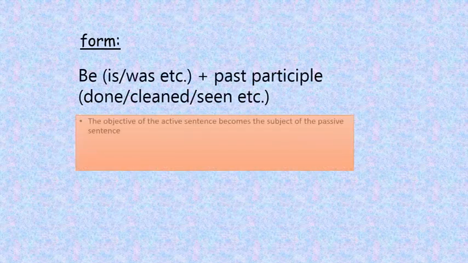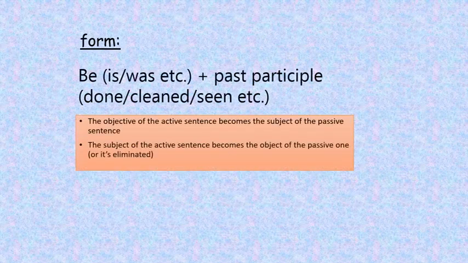Now let's see what could be the form of the passive sentence. After the subject, of course, we use the be form of the verb. The be forms are the helping verbs or auxiliary verbs like is, am, are, was or were, plus the past participle, that is the third form of the verb.